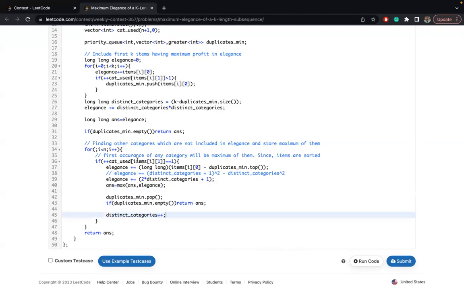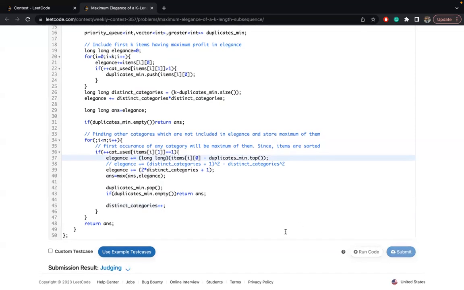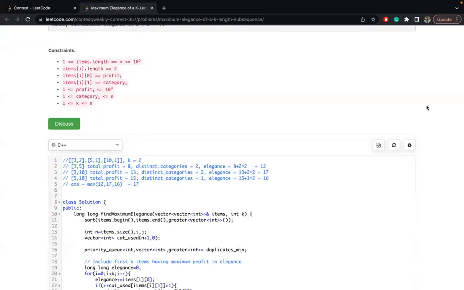Whenever a new category element is coming, there I am increasing distinct categories, and I am updating elegance for the new subsequence. This way I'm finding the answer. So I think this helps. Let's submit it as well for your confidence. This will be accepted.